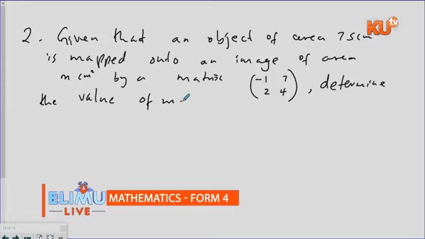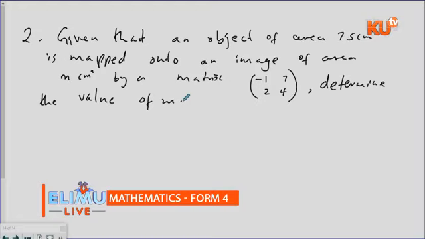So in this case, we've been given the object area, which is 75 centimeters squared, being mapped onto an image of area m centimeters squared, by a matrix of transformation, negative 1, 7, 2, 4.